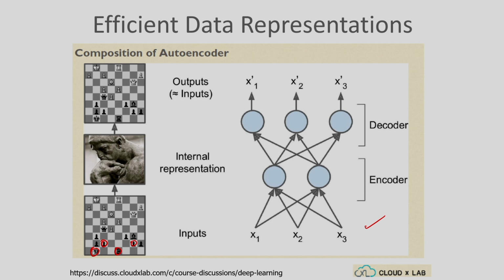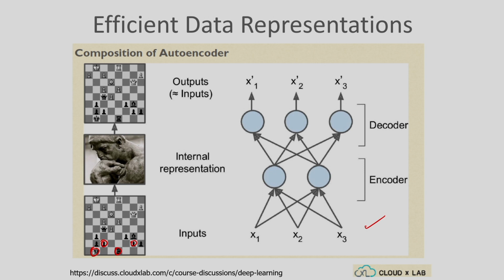By looking at the chessboard, they can see the patterns, and based on these patterns they can represent the input data most efficiently, and after this they can also reconstruct the original patterns. Pattern means the position of the pieces on the chessboard. That is the concept of efficient data representation.